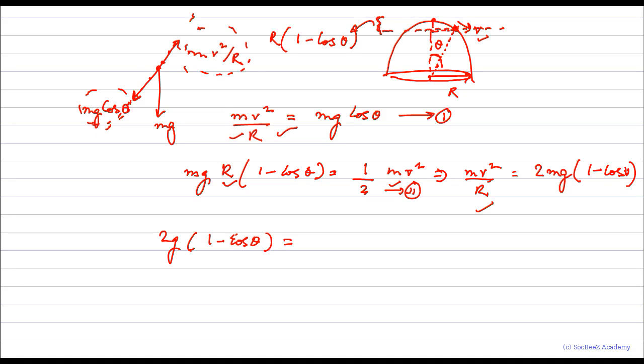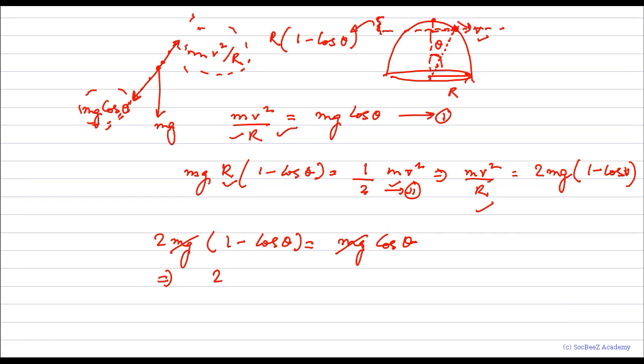So I'll write down 2 mg into 1 minus cos of theta equals mg cos of theta, okay. I get mg cancelled from both the sides, which gives me 2 equals 3 cos of theta, which gives me theta as cos inverse 2 by 3, which is nearly equal to 48 degrees, okay.